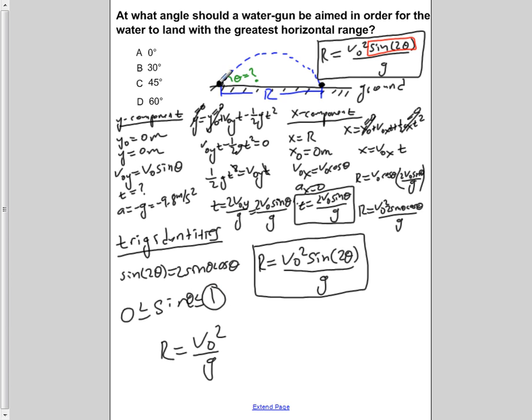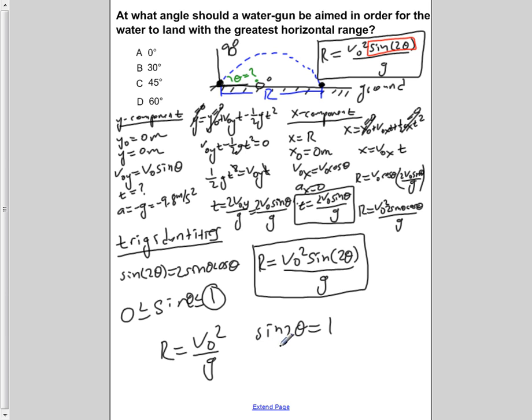Now, in order to get this trajectory, we're limited to any angle between 0 degrees and 90 degrees, as shown here. So we're between 0 and 90 when we fire this. We want to know when we can get this to equal 1. So sine of 2 theta is equal to 1.